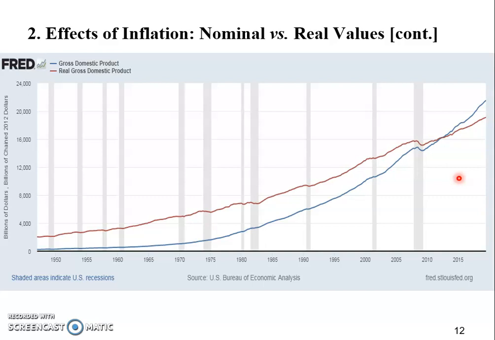Now here, I want to leave 2 questions for you to think about. The first one is, in the year 2012, we find these 2 curves intersect. What does that mean? Is that just a coincidence, or might there be some economic intuition behind this intersection?